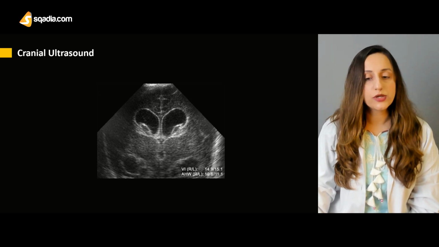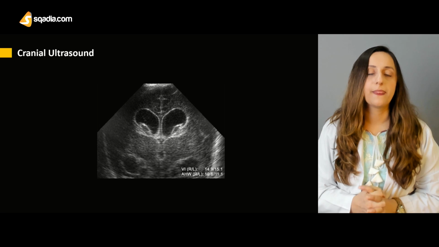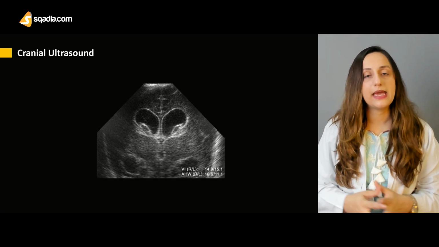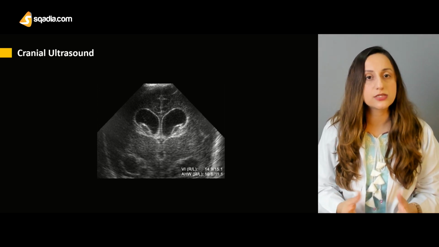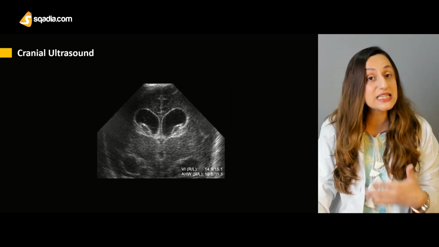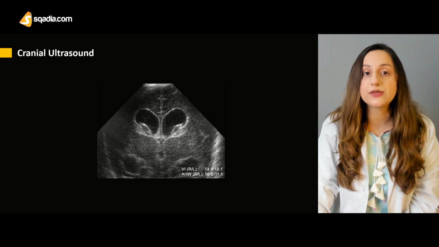The normal rate of production of the CSF in the lateral ventricles is almost 0.2 to 0.3 ml per second. So this is the normal production of the CSF. If it exceeds this, again, it is going to be problematic and pathogenic for the patient.